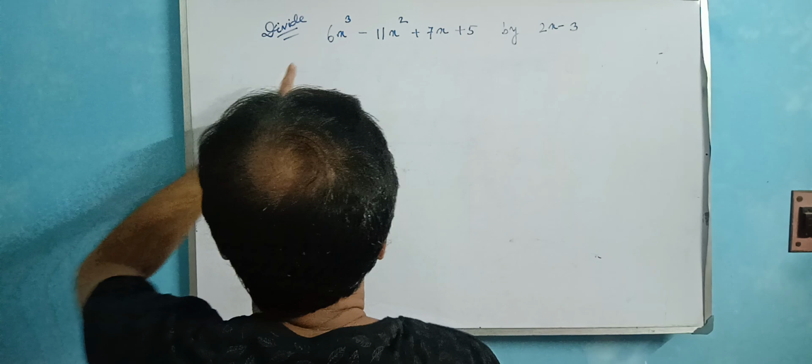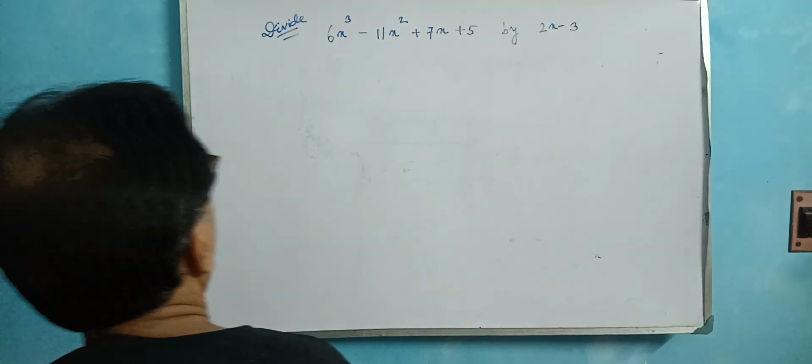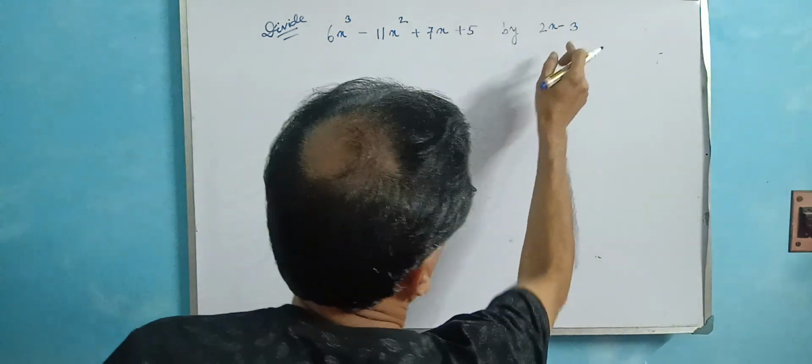Divide 6x cube minus 11x square plus 7x plus 5 divided by 2x minus 3.